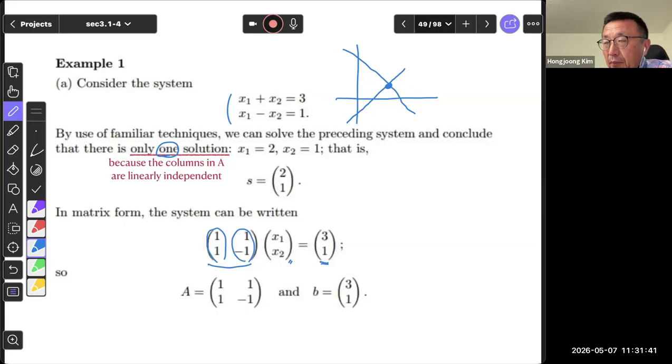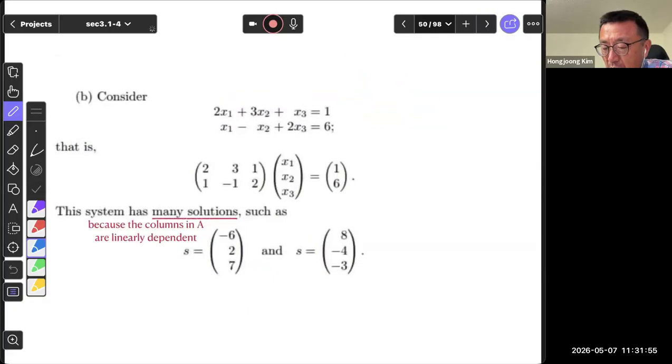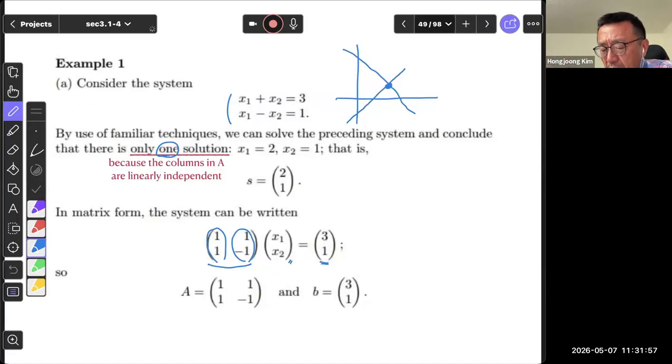If these columns are independent, you can show that the solution will be unique if it exists. So I will go back to that statement later. My claim is that since the columns of A are linearly independent, if the solution exists, then it will be unique.